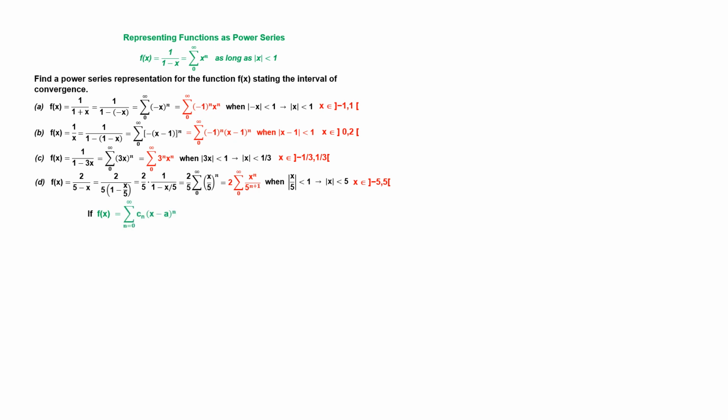Suppose f of x has a power series representation about center a with a positive radius of convergence r. Then, the derivative of f of x is the term-by-term differentiation of the power series. The integral of f of x is the term-by-term integration of the power series.